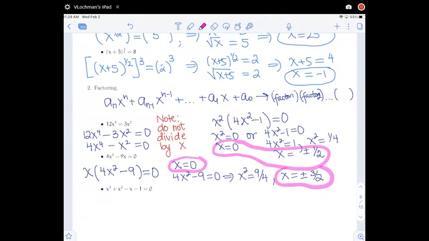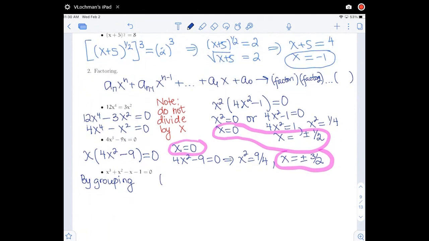Okay, let's see. Last example, I have a third degree polynomial on the left. This is what we call factoring by grouping. This one requires a little bit of thinking. What I'm going to do is group these terms like this.